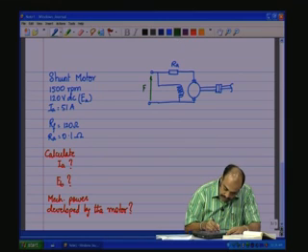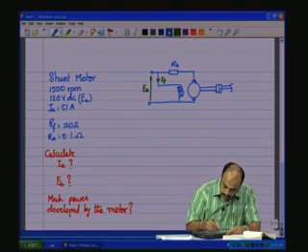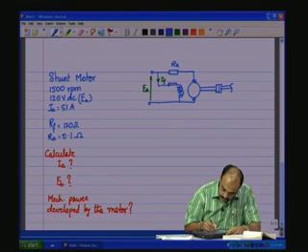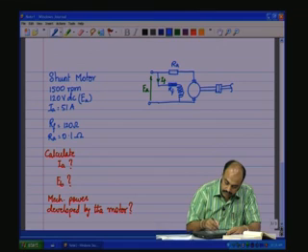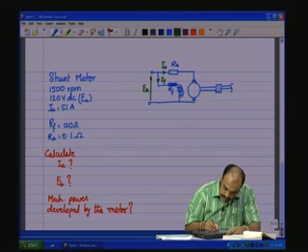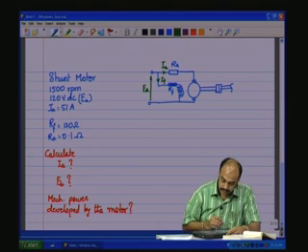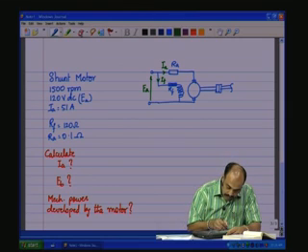We have EA which is applied here, we have IF flowing through RF, there is IA which is flowing through the armature, and let me just make a modification.